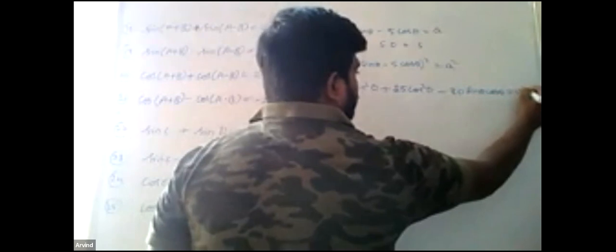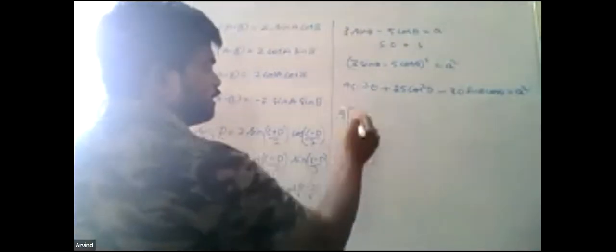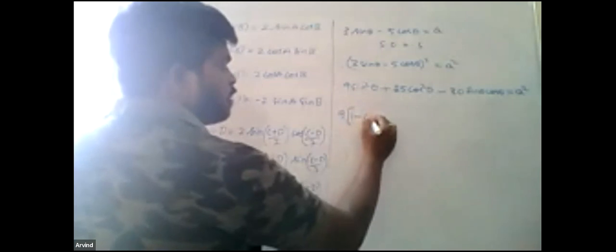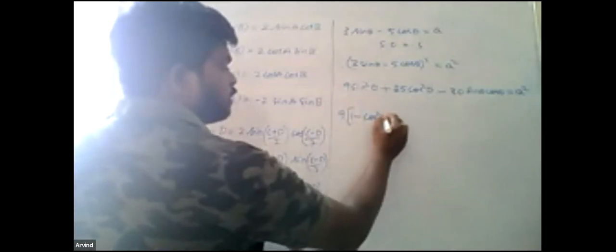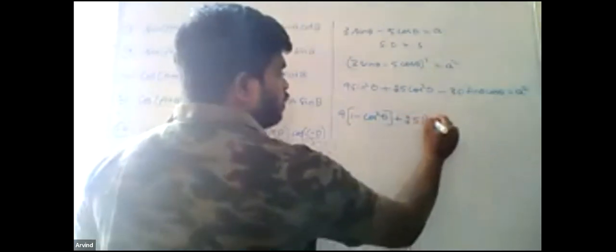Equals a square. Now please observe, from this quantity itself you can get the other one. 9 sin square theta, I can write as 9 into (1 minus cos square theta) using the identity. Similarly, cos square theta I can write as 1 minus sin square theta.